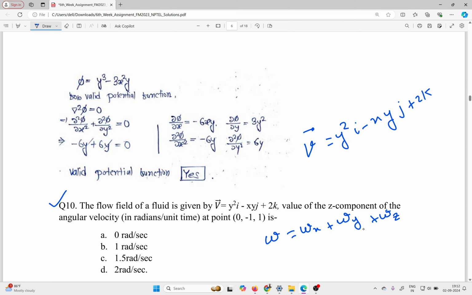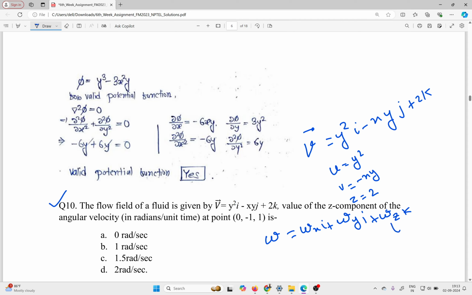So we have three components, but here the question asks only for the z component. Comparing, u is equal to y square, v is equal to minus xy, w is equal to 2.